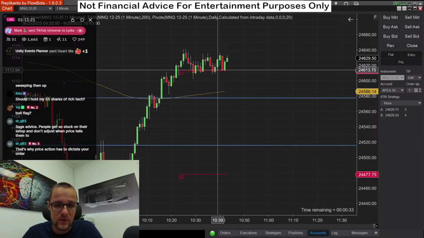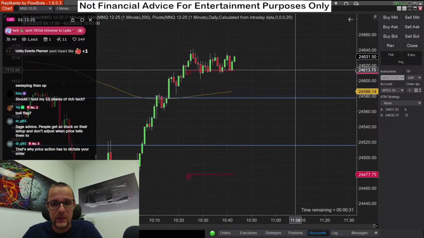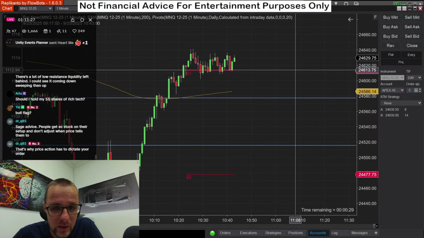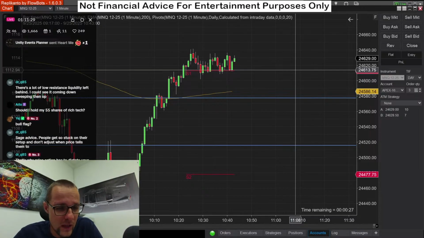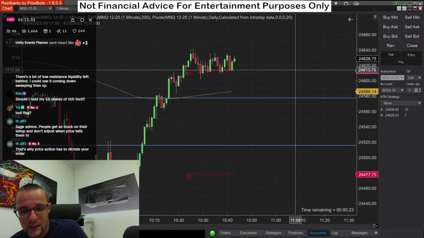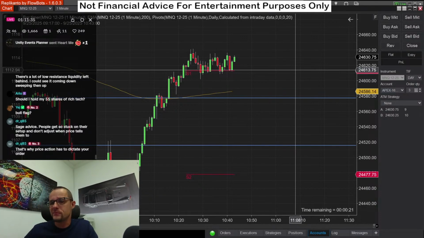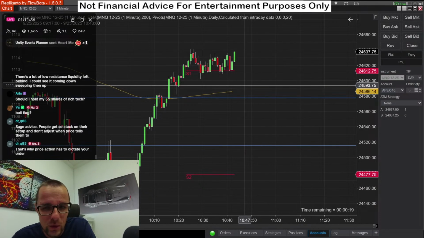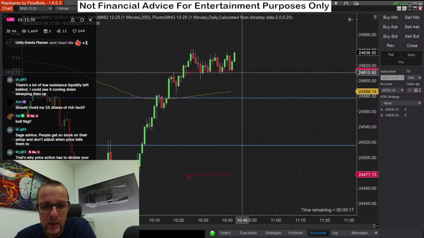Here it's just going sideways. Maybe it's building up, maybe it'll break through that high. It's kind of like a bull flag in a way, a little bit.